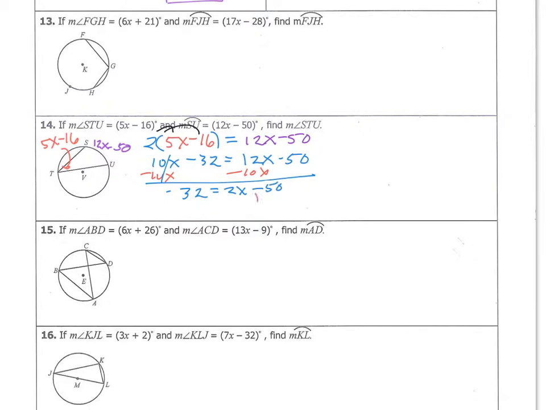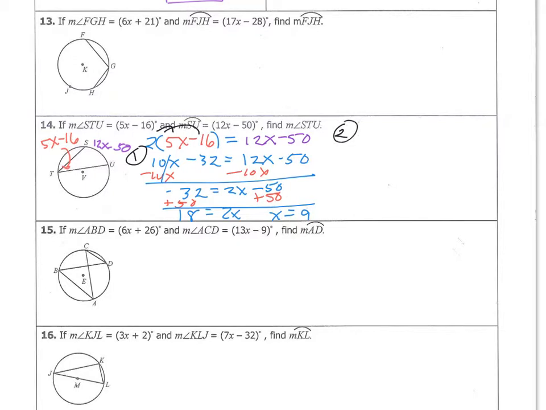And then add 50. So 18 is equal to 2x. So what does x equal? 9. So this is step 1.